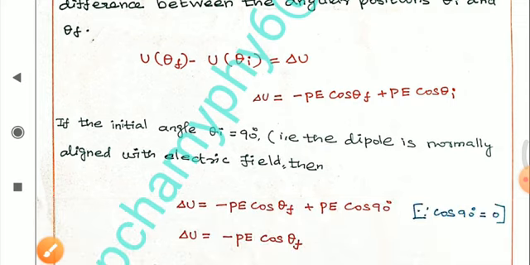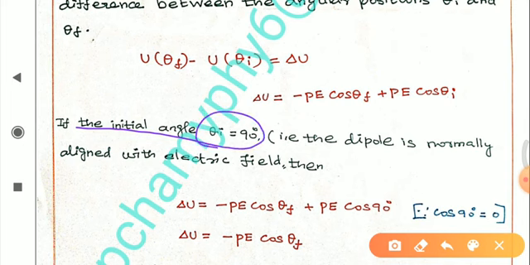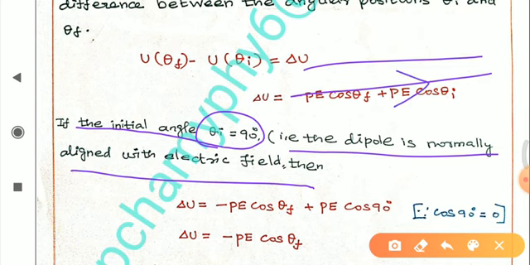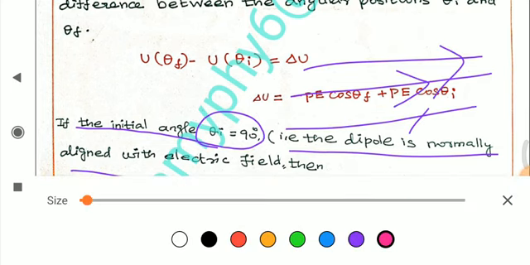Now, in this formula, suppose the initial angle is equal to 90 degrees. Then the dipole is considered to be normally aligned, that is, perpendicular. Suppose this is the direction of the electric field, then the electric dipole is exactly perpendicular. So theta is equal to 90 degrees.